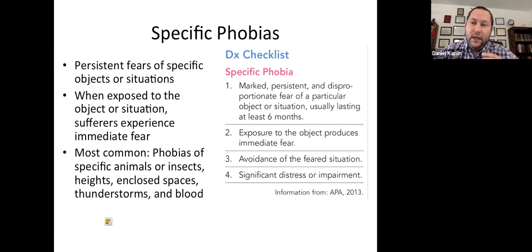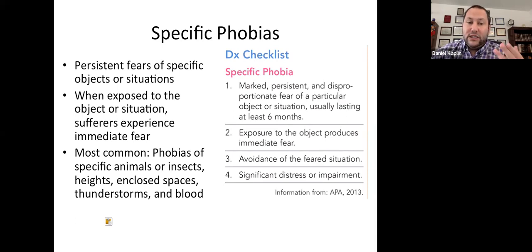What are the criterion that need to be met in order for a person to be diagnosed with a specific phobia? First, it is a chronic condition. So that means that the person must have this extreme fear for a minimum of 6 months. And that fear qualitatively must be defined as disproportionate or exaggerated relative to whatever that object is or whatever the situation is.